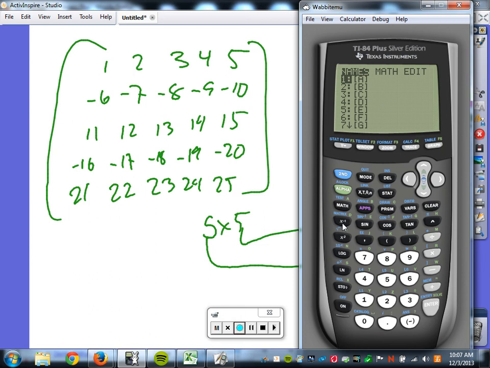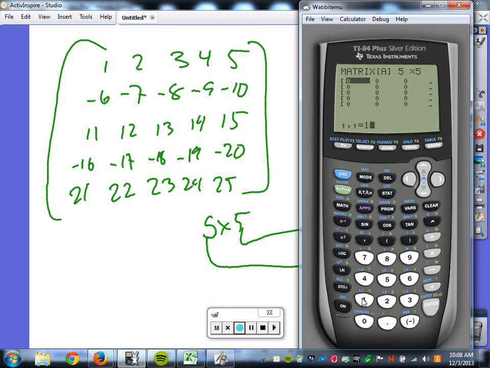Okay, we want to edit our matrix, meaning we want to come over here and put it in. So I push over a couple times. Okay, how big is this matrix? 5 by 5. So then I start entering it.